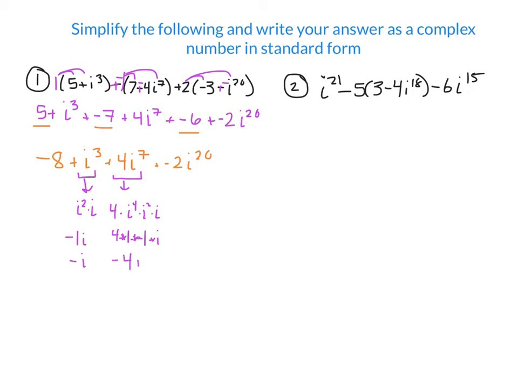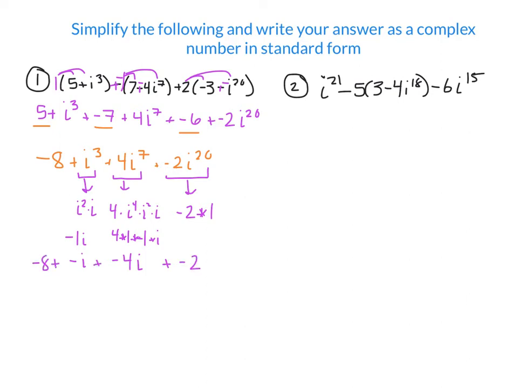That's negative 4i. And then I'm going to take this next piece here. Well, that's negative 2 and i to the 20th. 20 is divisible by 4. So i to the 20th is really times 1. So that's going to be a plus negative 2 down here.